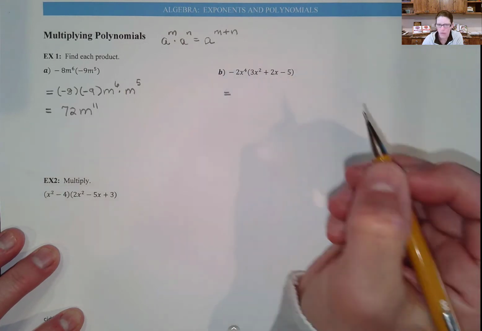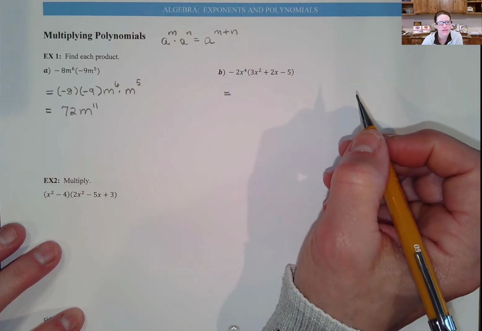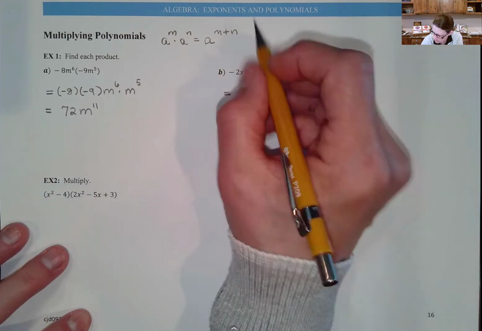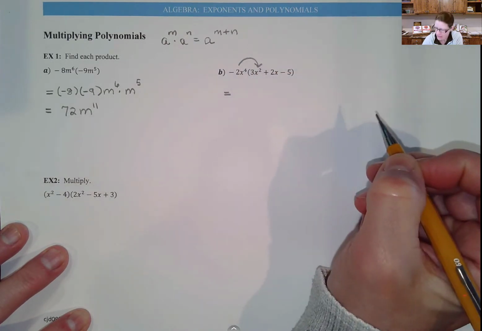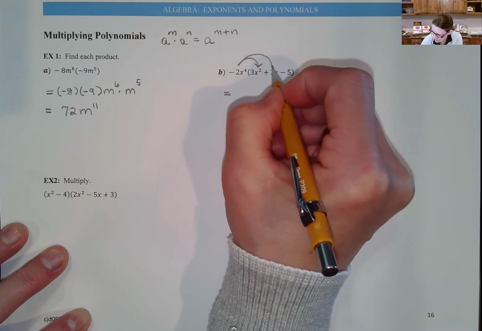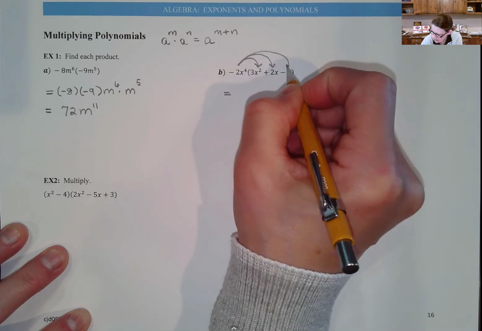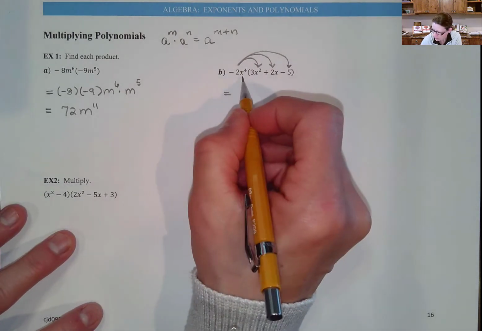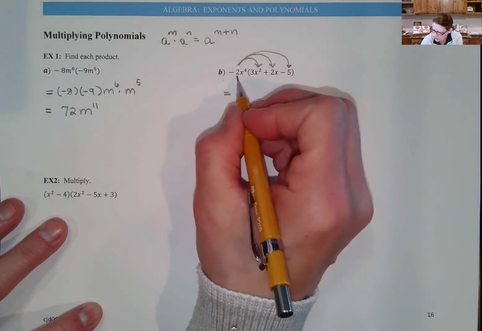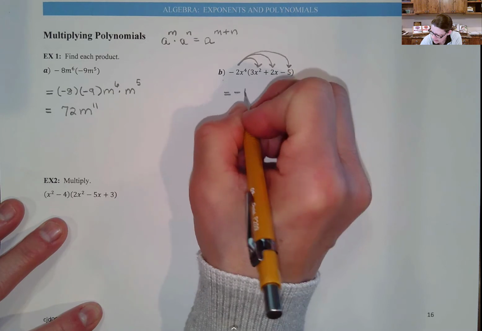In part B, we'll multiply, and here I want you to just think distributive property. We're going to multiply -2x to the 4th times each of these three terms in our trinomial. Now let's go ahead and just perform that multiplication. -2 times 3 is -6.